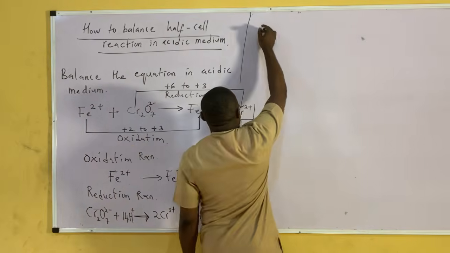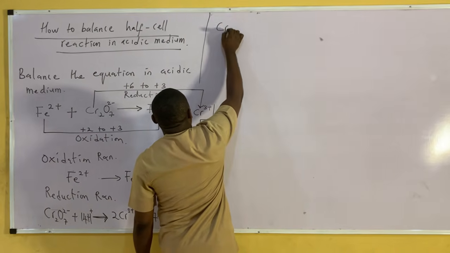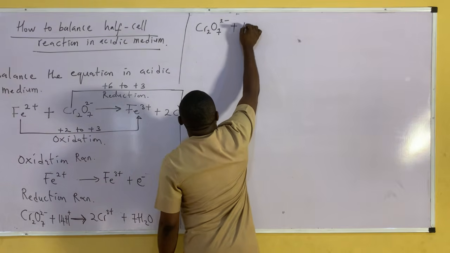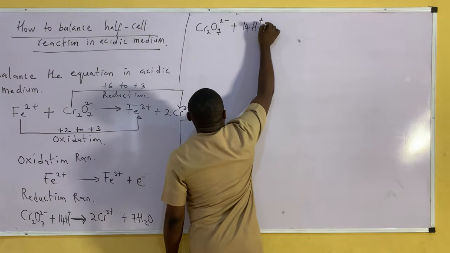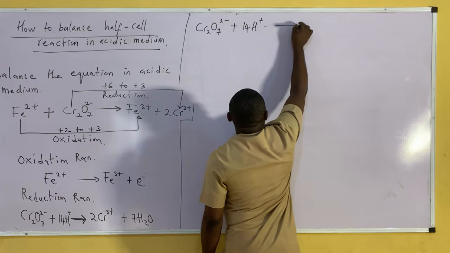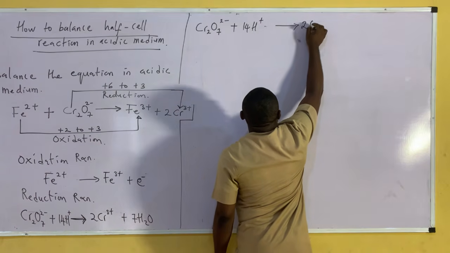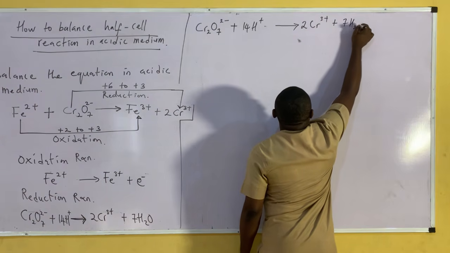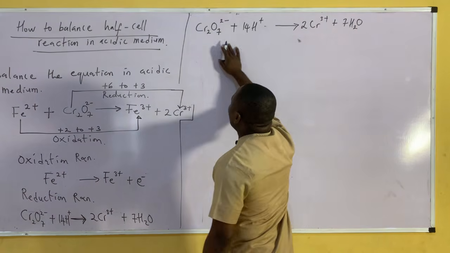So if I bring my reaction here as Cr2O7 2- plus 14H+ to give us 2Cr3+ plus 7H2O. Now, what will I do here?